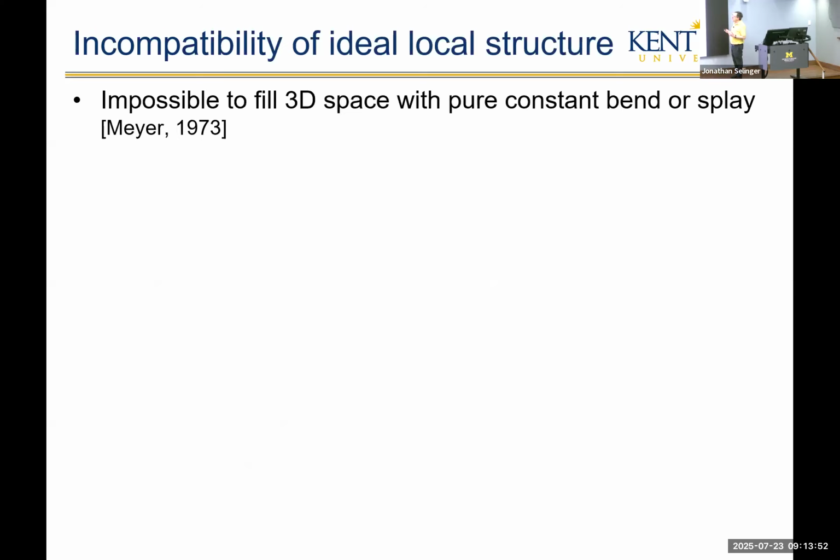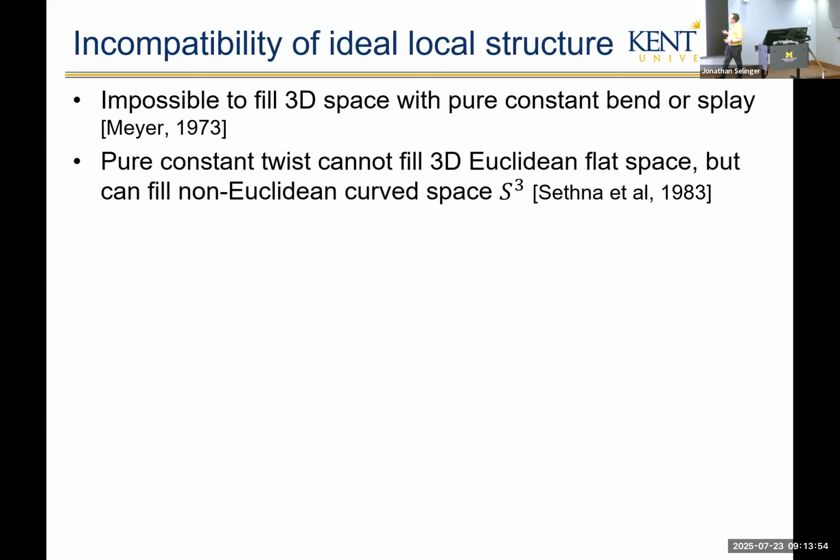Okay, and there's a whole history of many years of theoretical research which goes into the answer no, starting with work of the late Robert Meyer, who couldn't fill up 3D space with pure constant bend or splay, right? And then Jim Sethna and collaborators later were working on a model for liquid crystal blue phases, as Greg mentioned briefly.